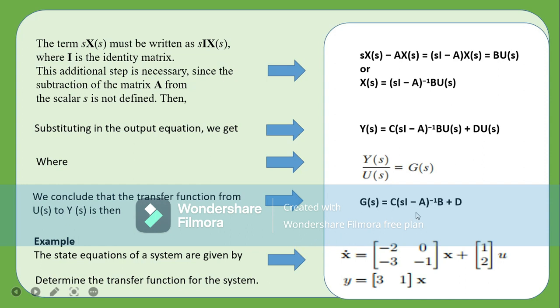We have told you that one of the importance of the transfer function is that from the transfer function we'll be able to develop what is called the characteristic equation.